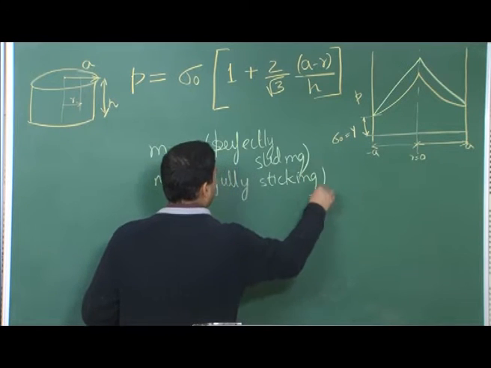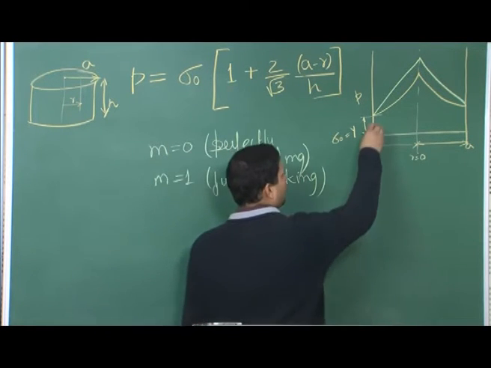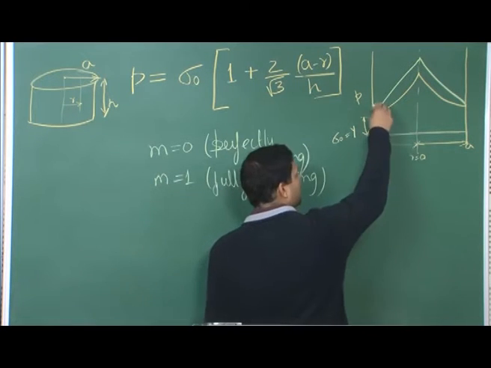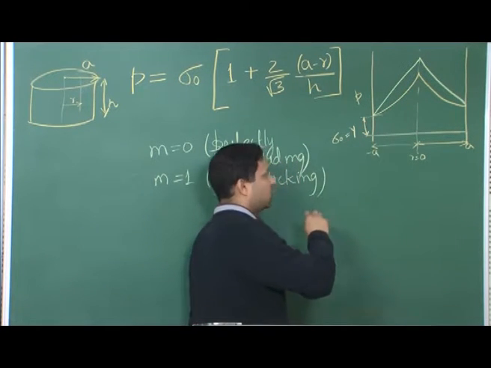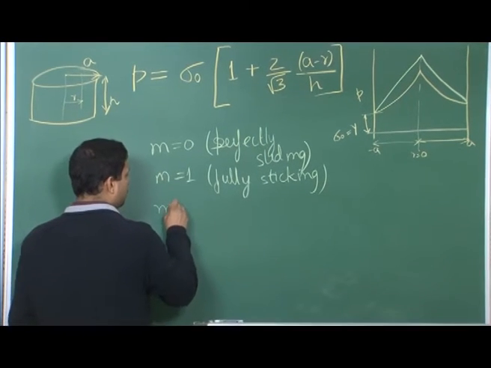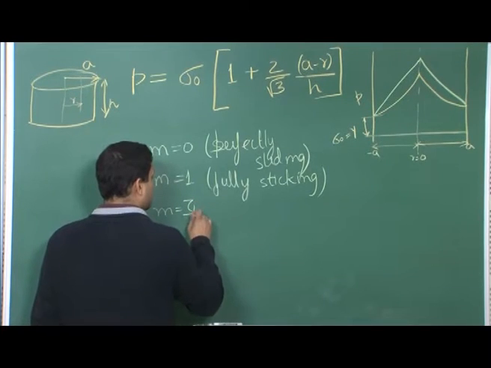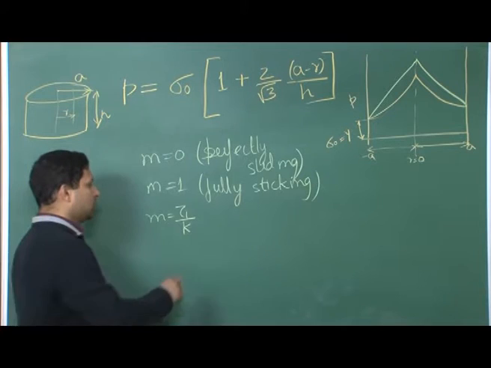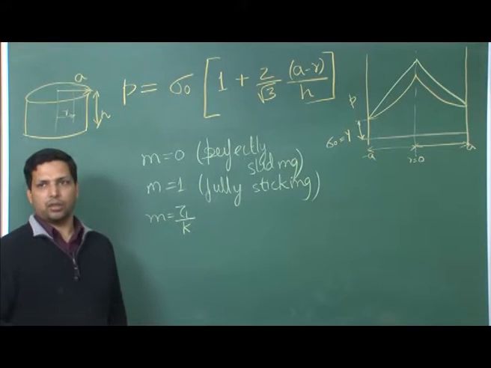There is another implication for this. What we see here is that P is the normal stress acting on that surface. The normal stresses can exceed the value Y, which is the yield strength. However, since m can go only from 0 to 1, which is tau I by k, the maximum value of m is 1, so tau I cannot exceed k.